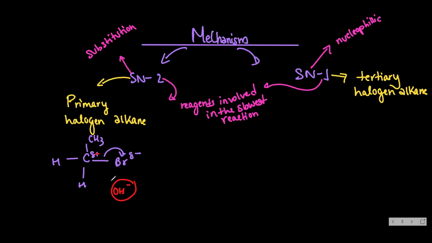As it interacts right here with its lone pair, you can see the central carbon atom has an alkyl group, but sadly, only one alkyl group is present here. It's going to push electrons towards the central carbon atom, but it's not enough to cause bromine to leave. Bromine is pretty strongly attached.